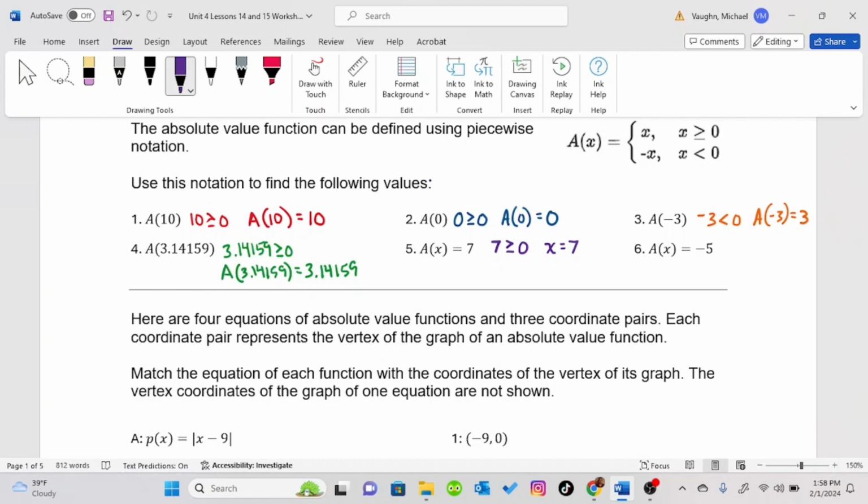But if this 7 represents the bottom, which is negative x, then that means x is less than 0. So if x were negative 7, negative 7 is less than 0, so x would equal negative 7. So both of those values of x would give you 7 as the value of the function.